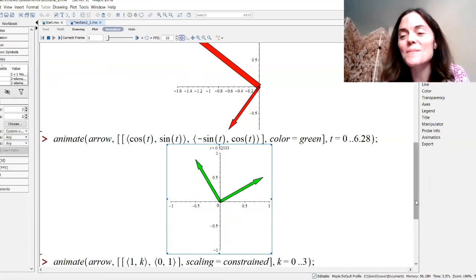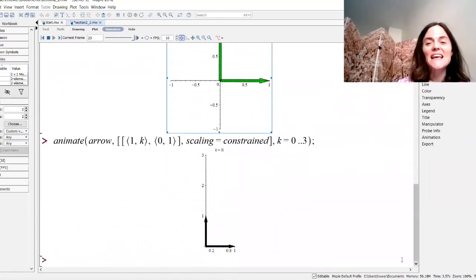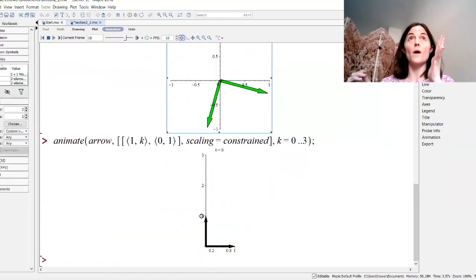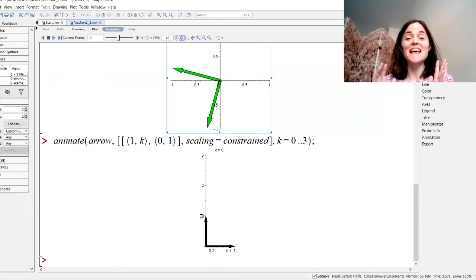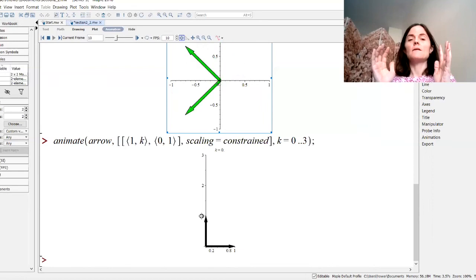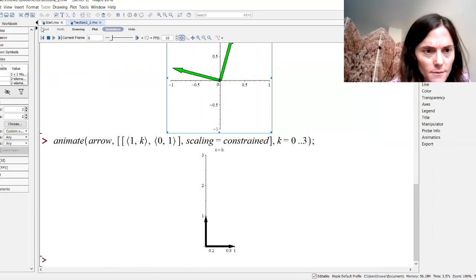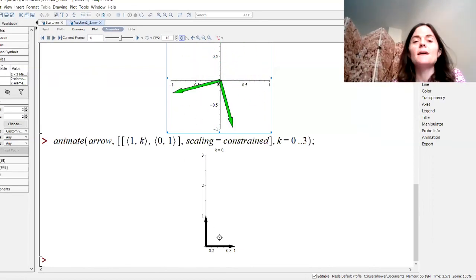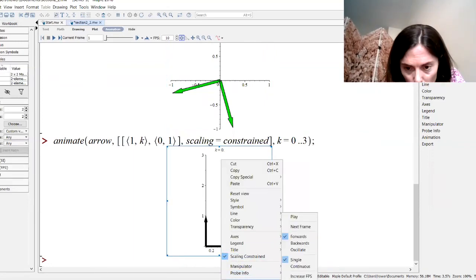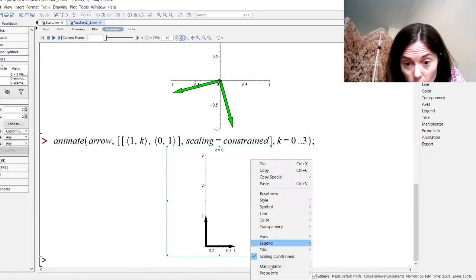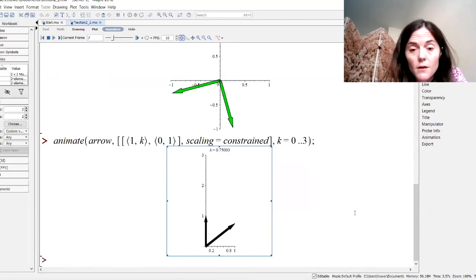Now, there's one more thing I wanted to animate for you. But this is the column 1, k, and then the column 0, 1, thinking about them as vectors. So this is going to be vertical shear. Let me stop this one. Okay. This will be vertical shear. We should be able to see it. Do we want to see continuous? Okay, sure. I only have it going from k is 0, which is the identity, to 3.